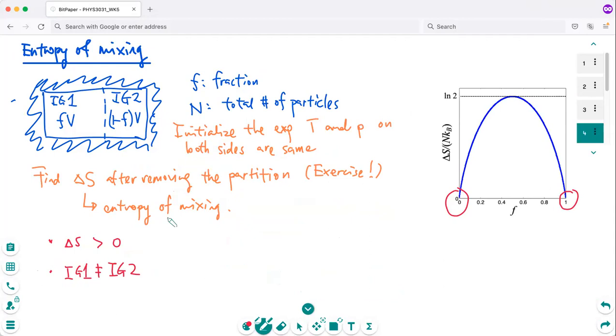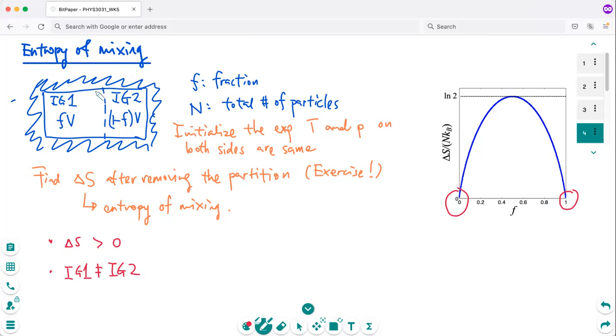When you have all these huge numbers of particles, whether they are distinguishable or indistinguishable turns out to make a huge difference. When they are distinguishable, what happens? And when they are not distinguishable, what happens? Here we implicitly assume them to be not distinguishable to calculate this result. You can think about what happens when they are distinguishable.